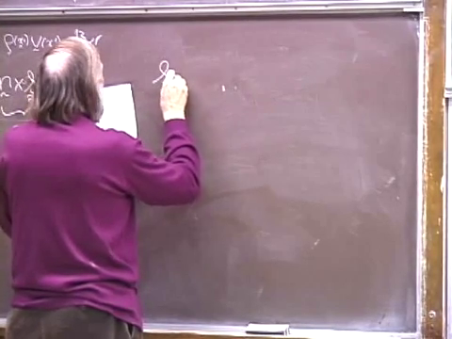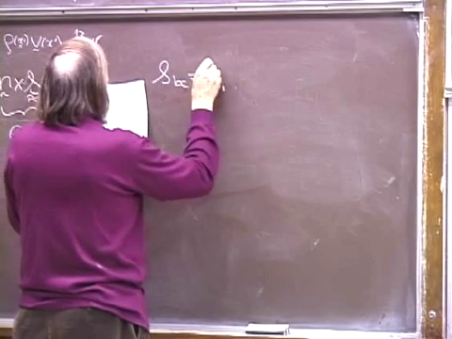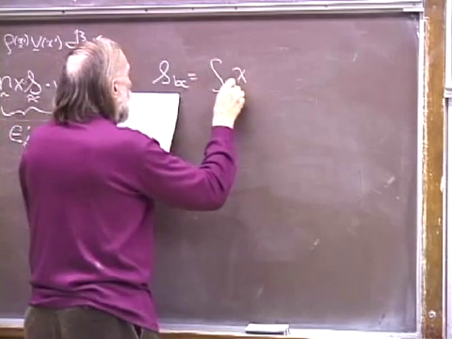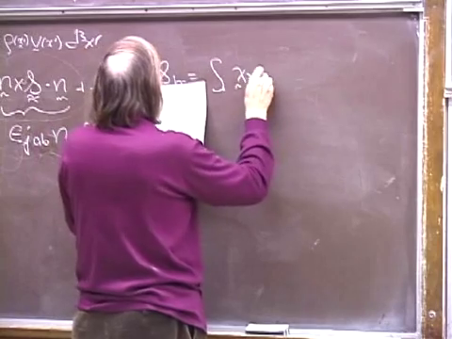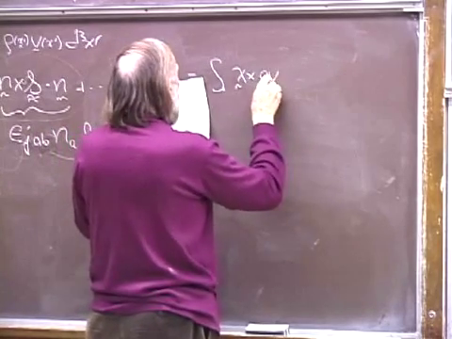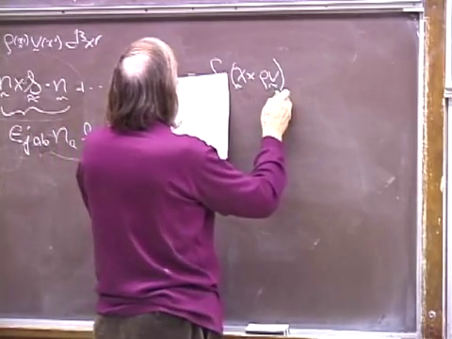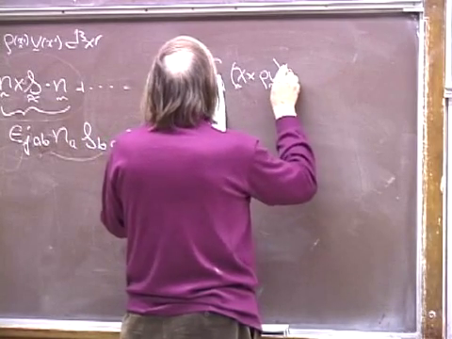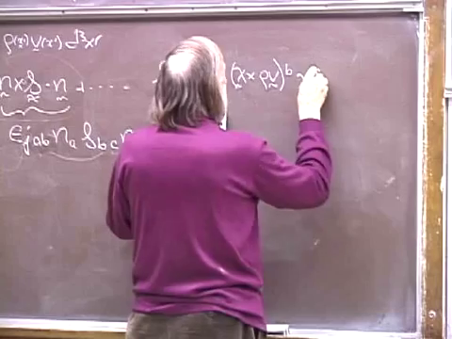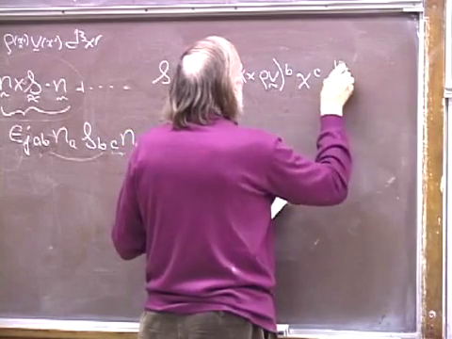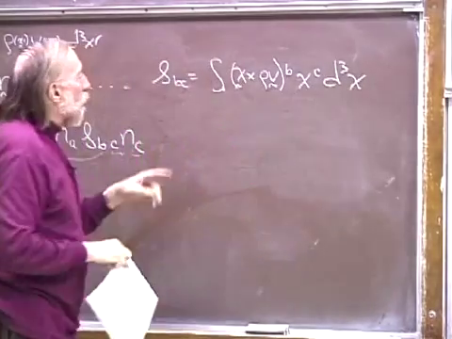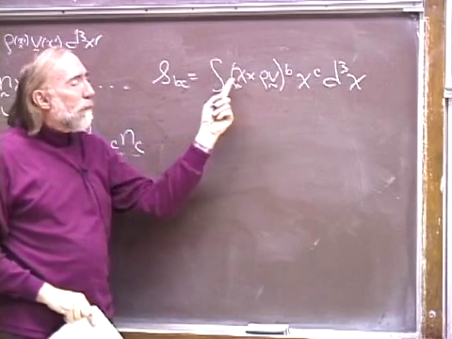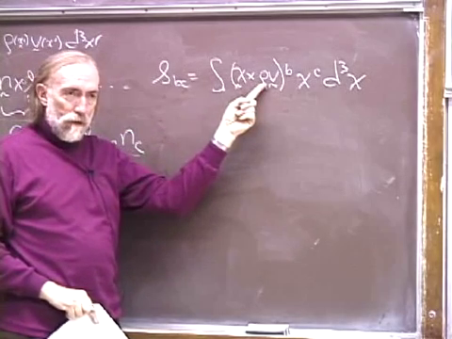Let me write it. SBC is an integral of the angular momentum density, the B component, and then times xc d3x. And so it's the first moment of the angular momentum distribution.